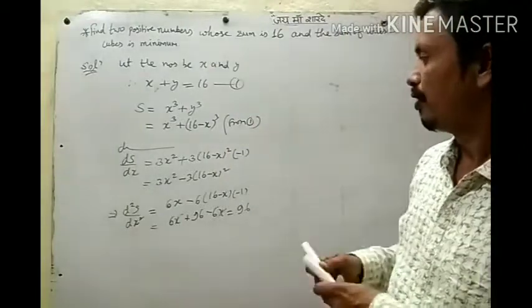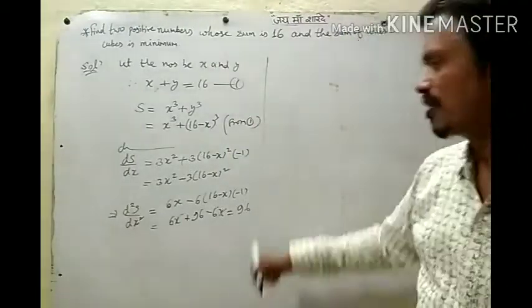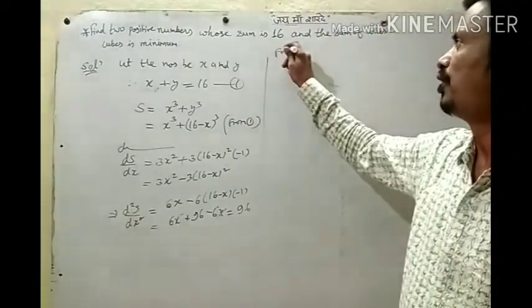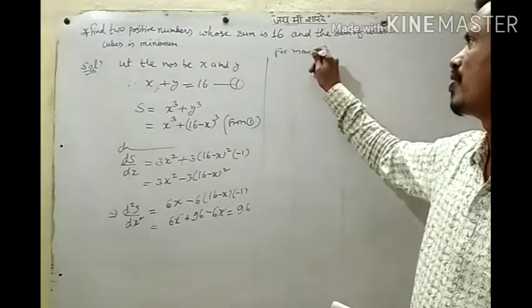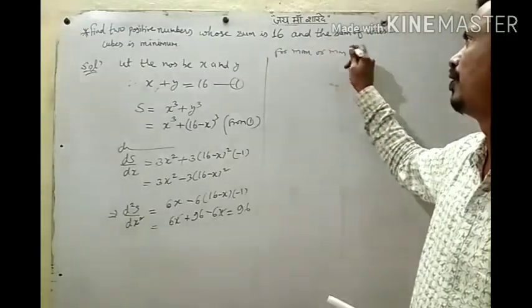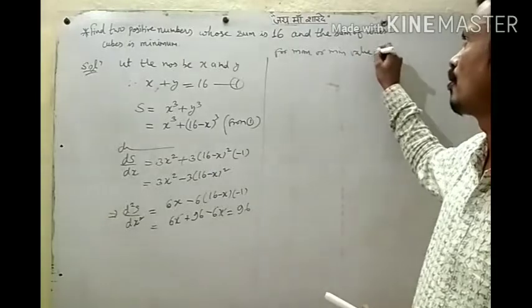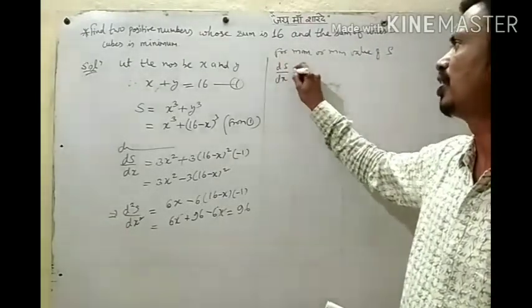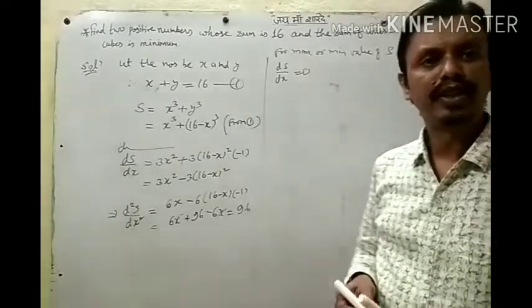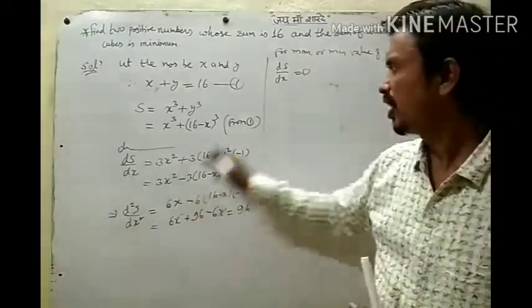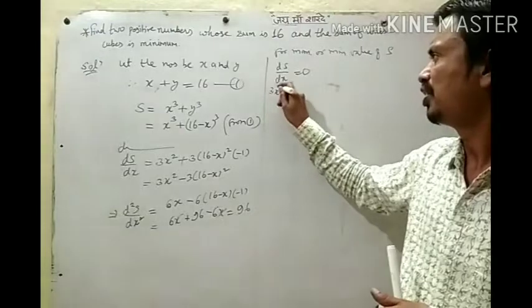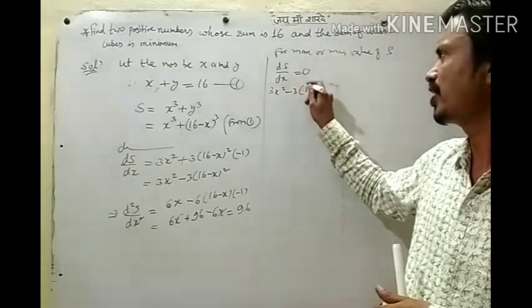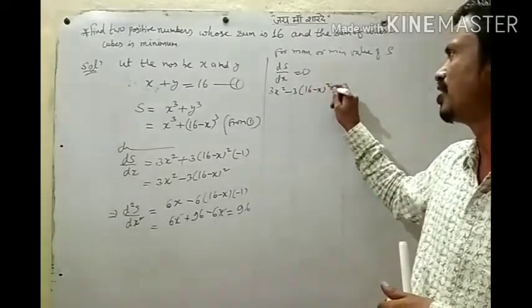Okay, but we still need the critical points. So for a maximum or minimum value of S, dS by dx should be 0. Which means 3x square minus 3 times 16 minus x square is 0.